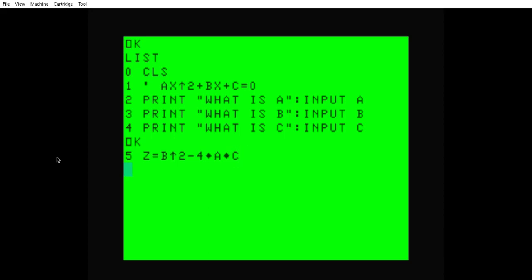So under the radicand, it's b squared minus 4 times A times C. And I'm just going to get my chart out here so I can follow myself along here.